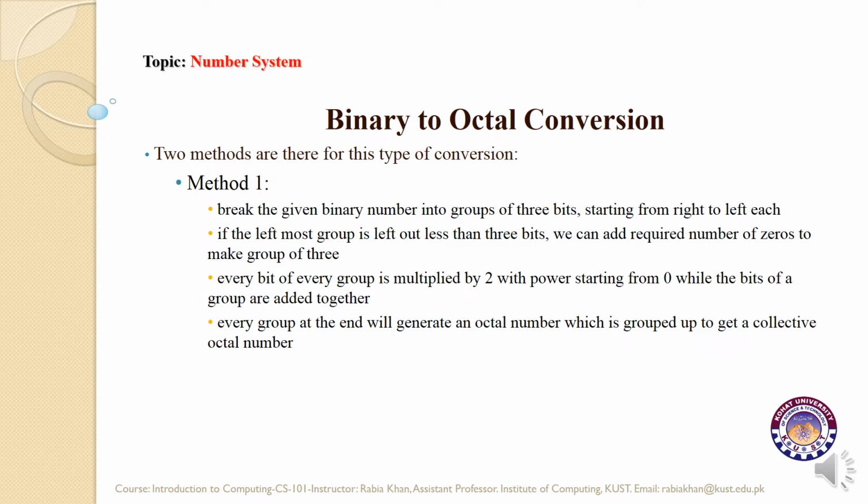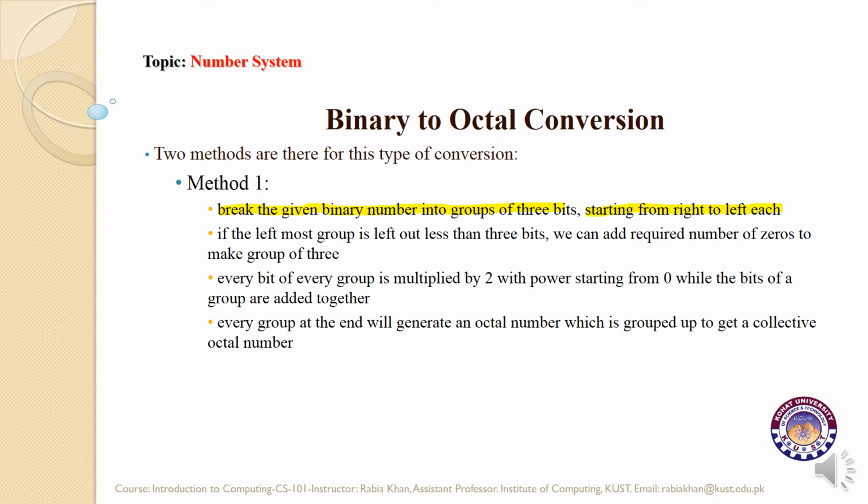In the first method, when we are given a binary number, we will break this binary number into groups of 3, starting from right to left. This is mainly when we are given a whole binary number without a fractional point.